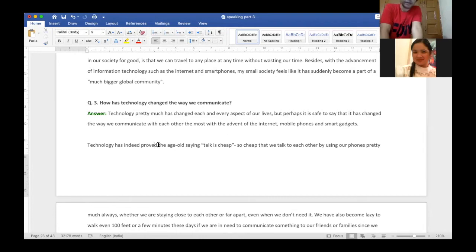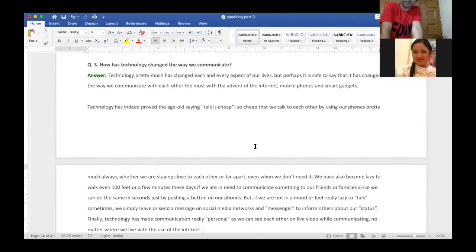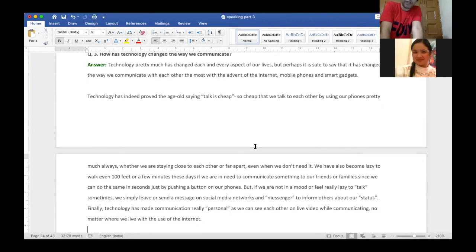New techniques have proved the saying that talk is cheap, so cheap that we can talk to each other by using our phones pretty much every time, whether we are staying nearby or far apart, even when we don't need to.